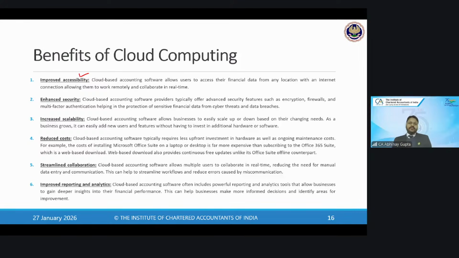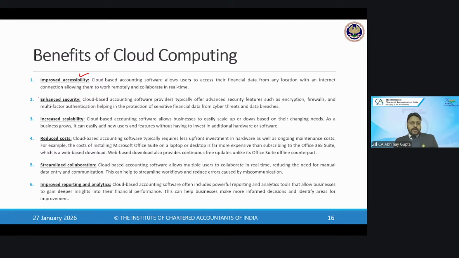Because the companies gave the laptops to these employees with the access, and they could work from their homes, so the companies' accounting work was not affected, correct? So cloud computing facilitates accessibility, anything from anywhere, right?